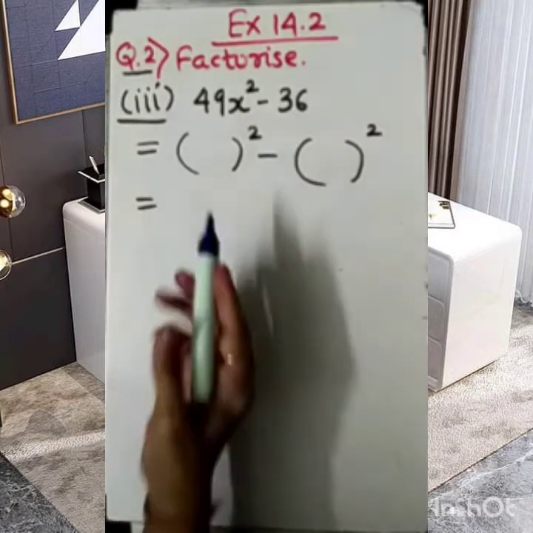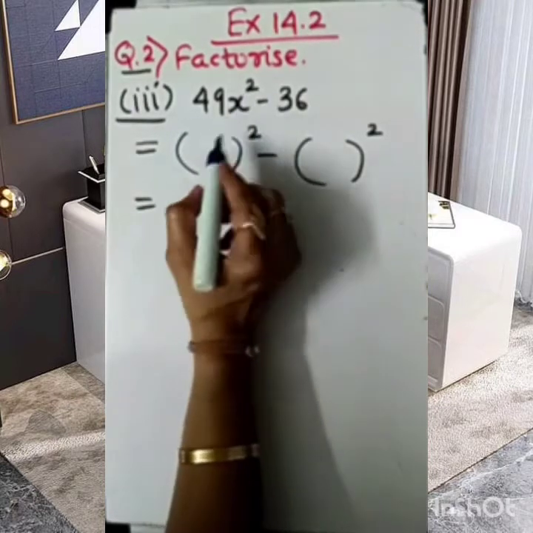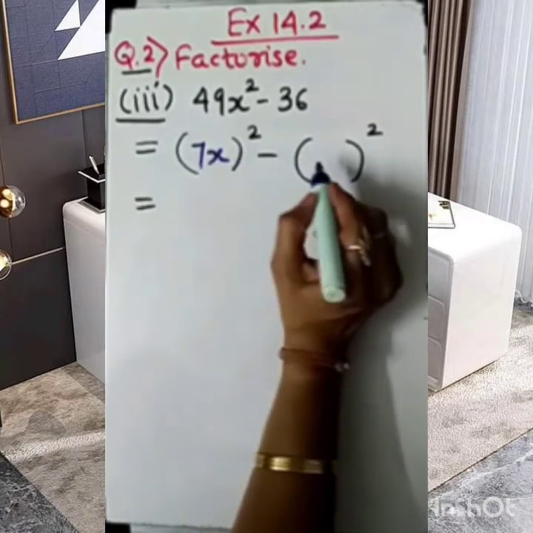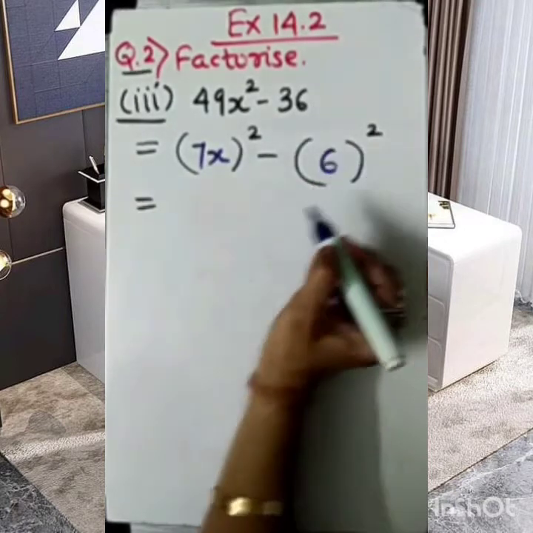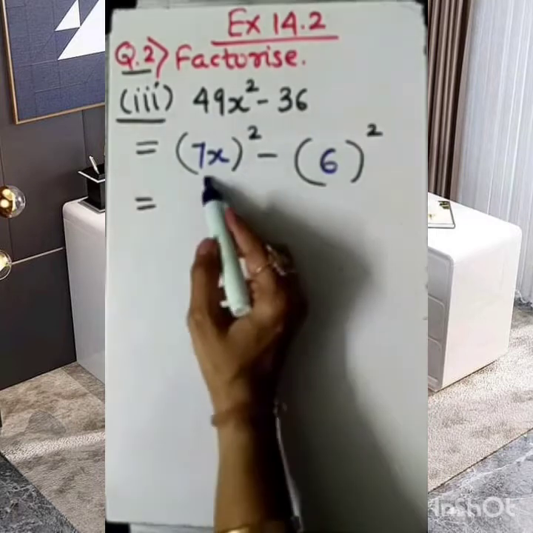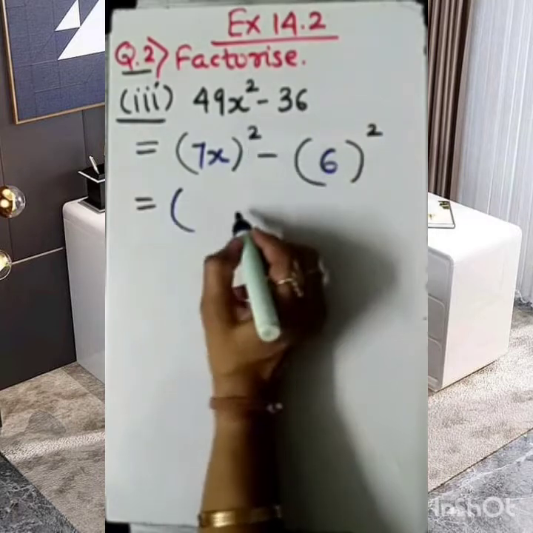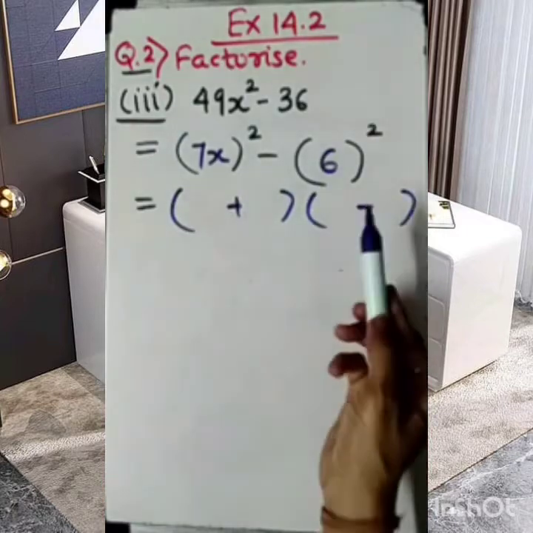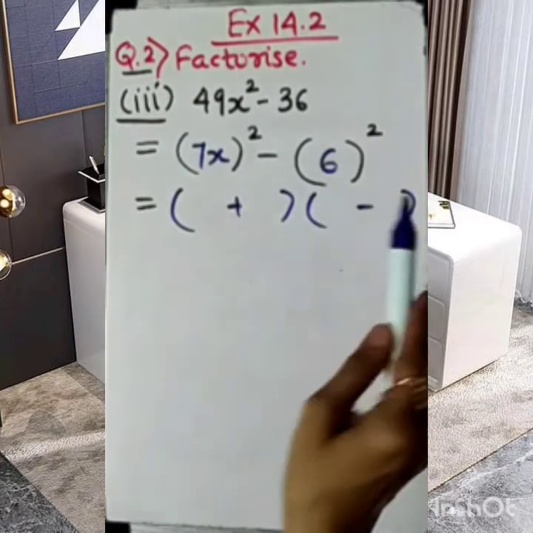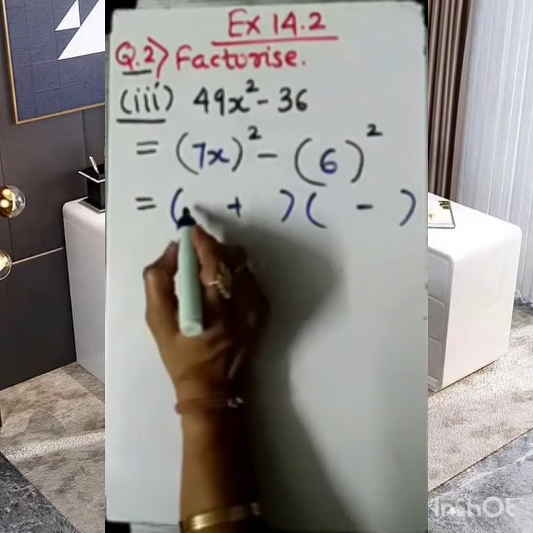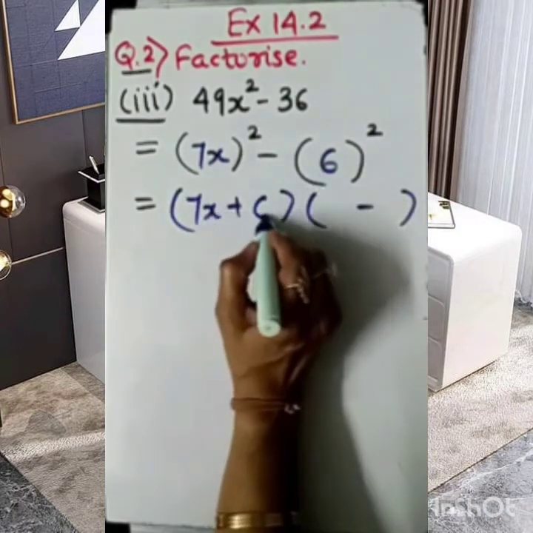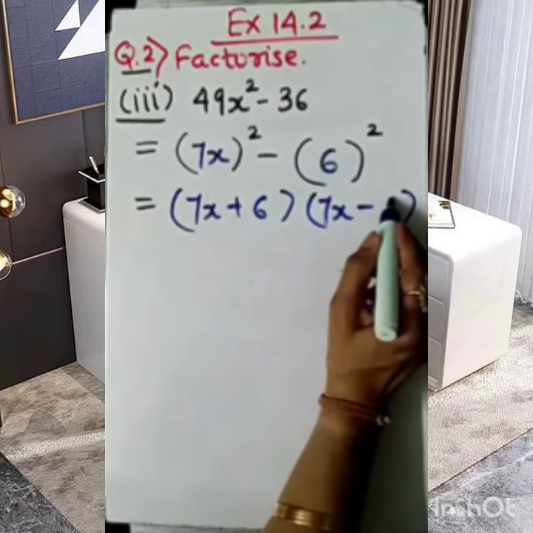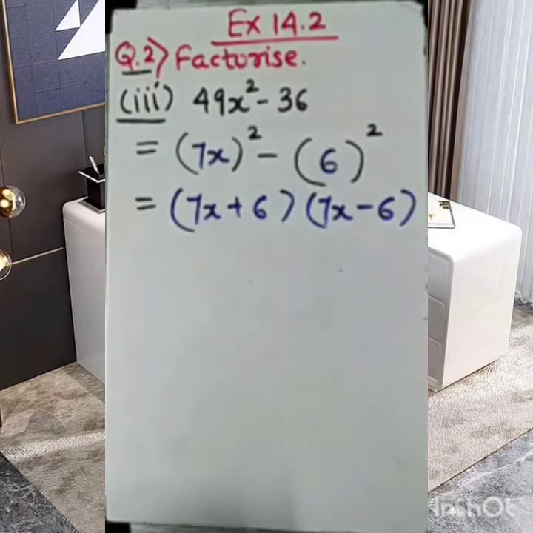The first term is 49x square, so this is the square of 7x. 36 is a perfect square of 6. So this is becoming a square minus b square. So I need to write a plus b and a minus b. It's not necessary, you can write minus here and plus here also. No issue. Now a is 7x, b is 6. So the complete answer is 7x plus 6 and 7x minus 6.